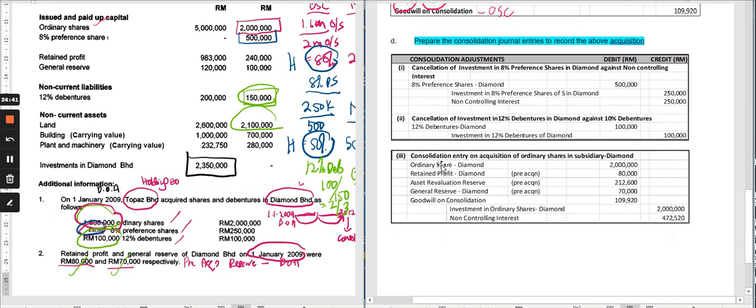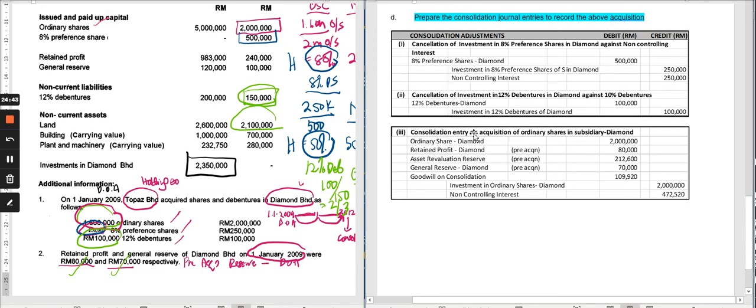The last entry is the consolidation entry for the ordinary shares, and here is to cancel off the investment in ordinary shares against the reserve on the date of acquisition and against the non-controlling interest. It is being cancelled off against the reserve or the net asset.